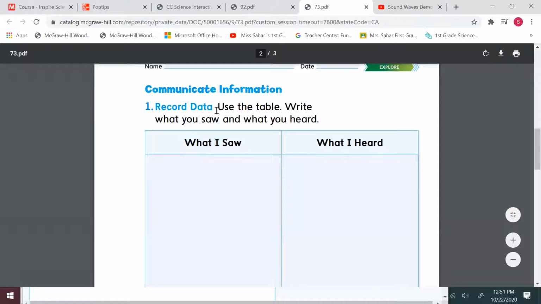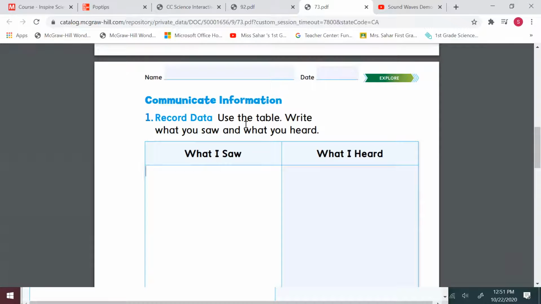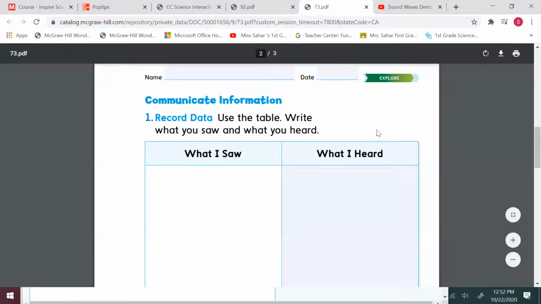So now we need to put down the information, what you saw and what you heard. All right, remember, when we hit the tuning fork first, what happened? What did you see when they hit it and then put it in water, the bowl or the cup if you watch another video with the cup? So what happened to that water?